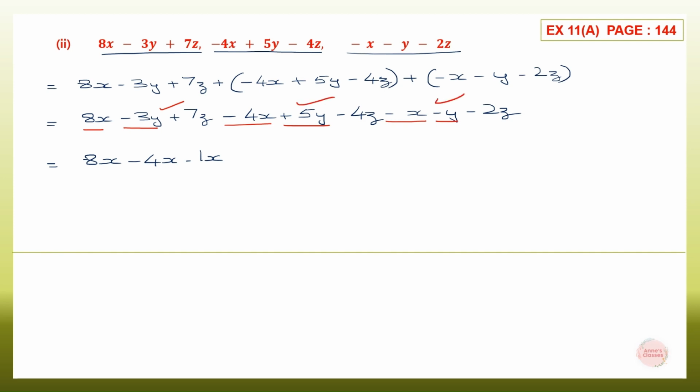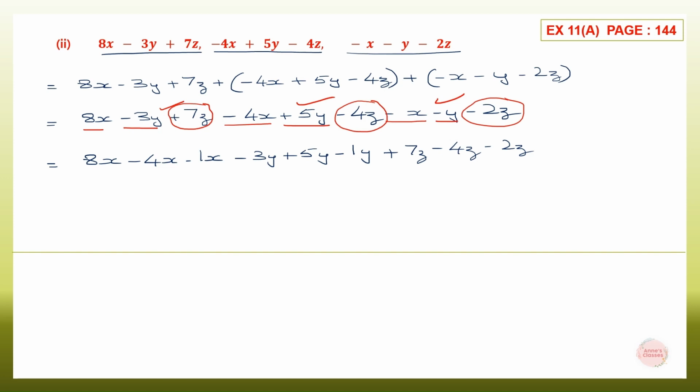So let's write that down. So we have minus 3y plus 5y and minus 1y. Then we also have z. So let's look at that. Here we have plus 7z. Then we have minus 4z and minus 2z. So let's write that plus 7z minus 4z minus 2z.